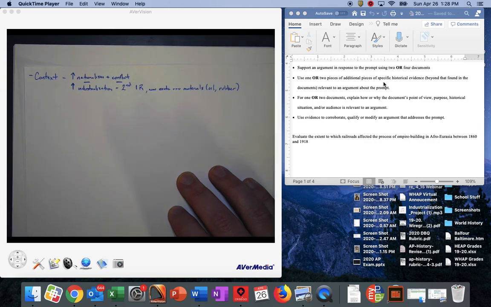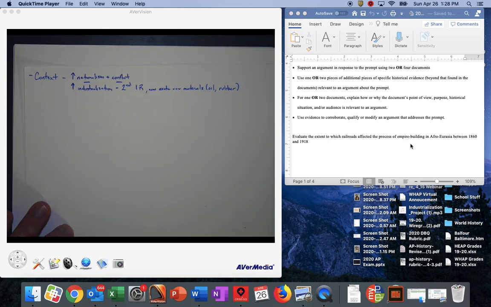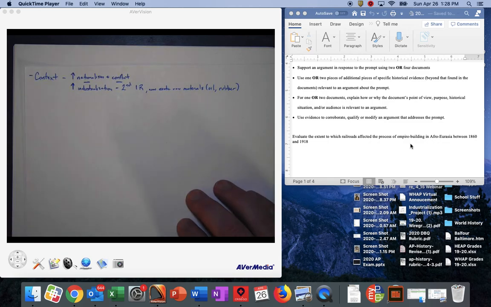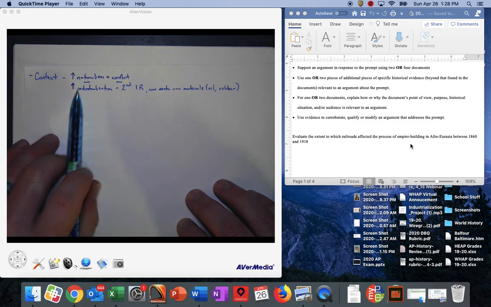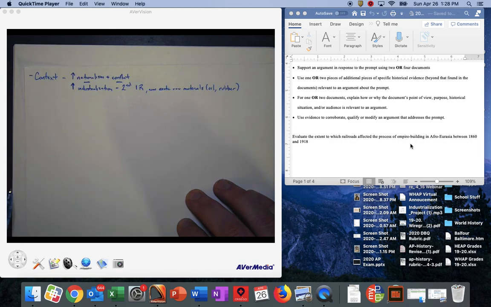When we're thinking about why empire building became such a big thing in this time frame from 1860 to 1918, these are 2 things that we might want to keep in mind for our context. Now, neither one of these really has anything to do with empire building, and that's kind of the point. We want to think about what's driving countries to start building empires.